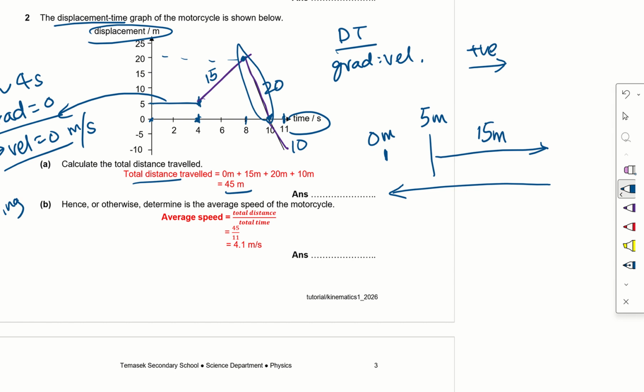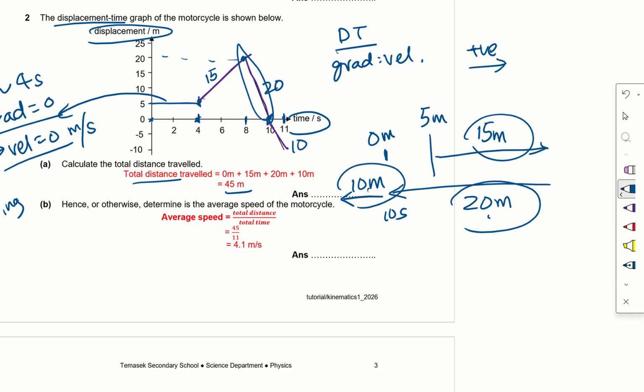So how much distance did he cover? 20 meters. But he did not stop there at 10 seconds. He continued to move in the negative direction for another 10 meters. But the total distance that he traveled is actually 10 plus 20 plus 15. So that makes it 45.